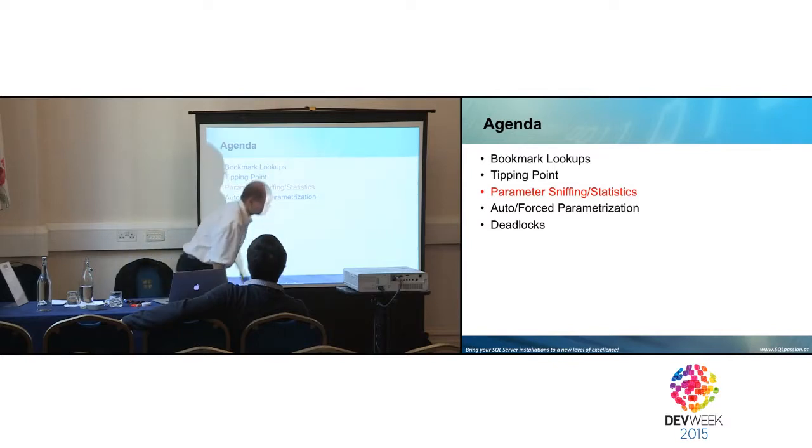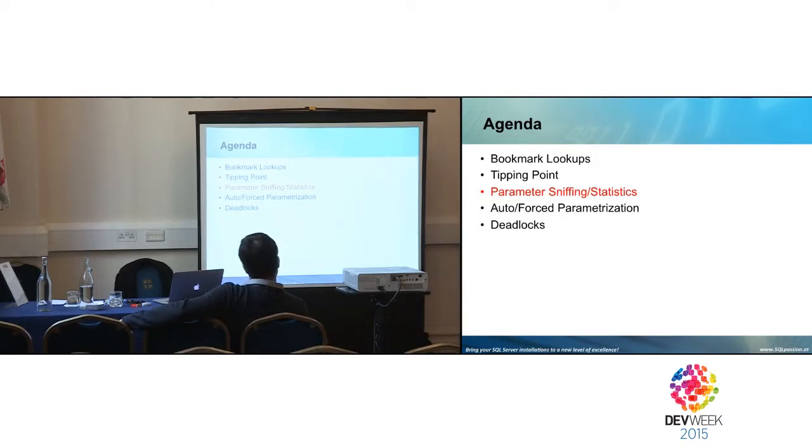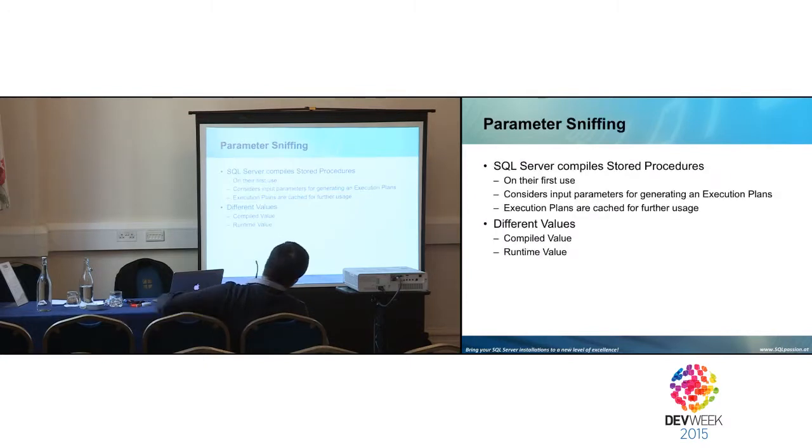Let's talk now a little bit more in detail about how SQL Server caches execution plans and what can happen when we just reuse a badly cached execution plan with a bookmark lookup.